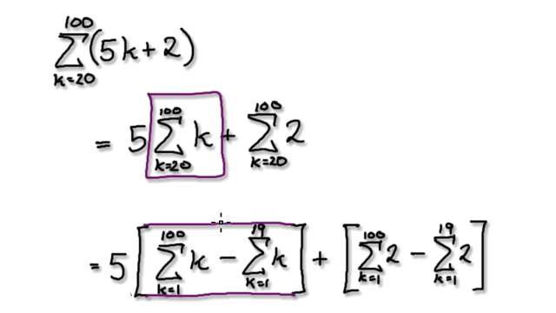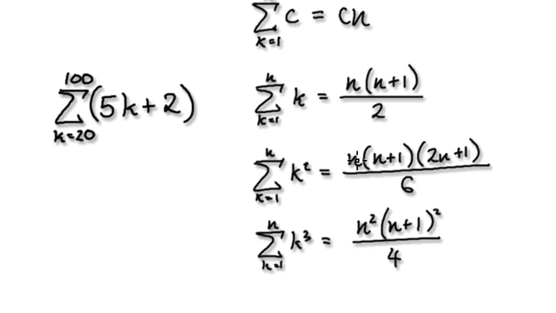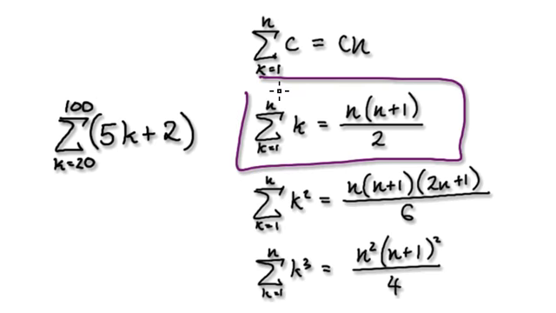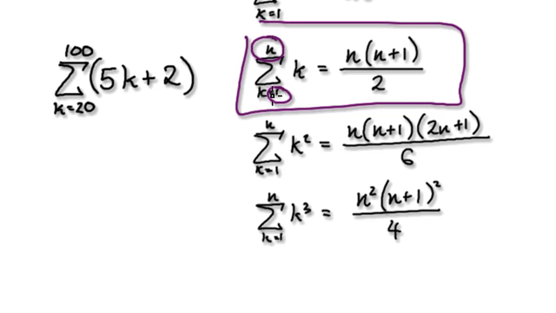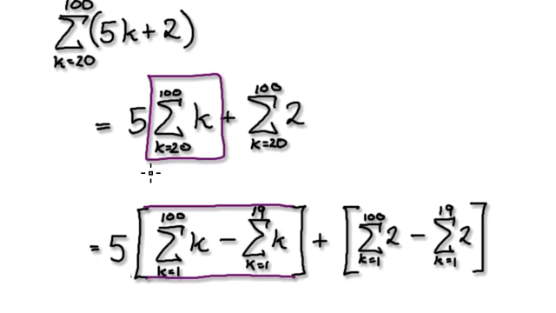Because in order for us to use this formula here, we've got to use this formula here, but this formula is from 1 to 100. Because we only want from 20 to 100, we've got to do this.